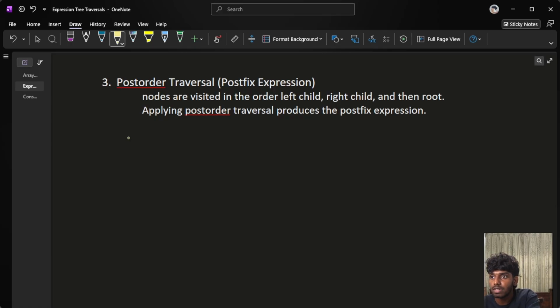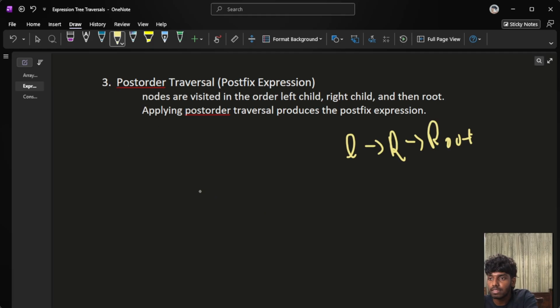Post-order traversal. The post-order traversal is also known as the postfix expression, and the nodes are visited in the order left, right, and then root. So applying post-order traversal produces the postfix expression. So we go left, and then right, and then root.